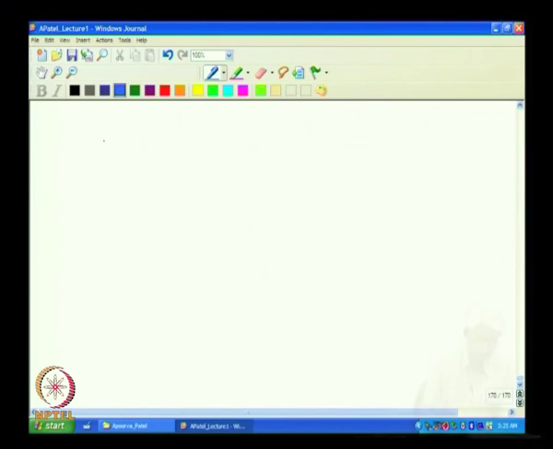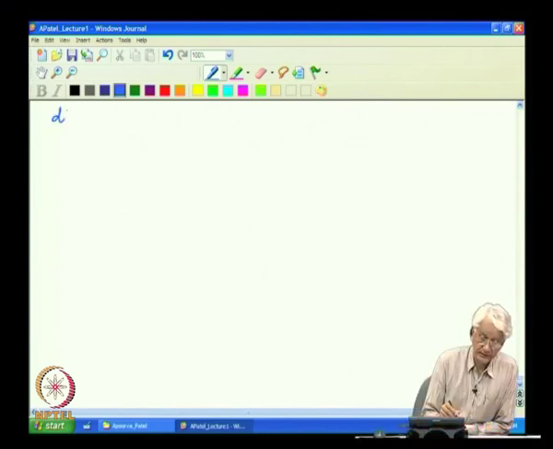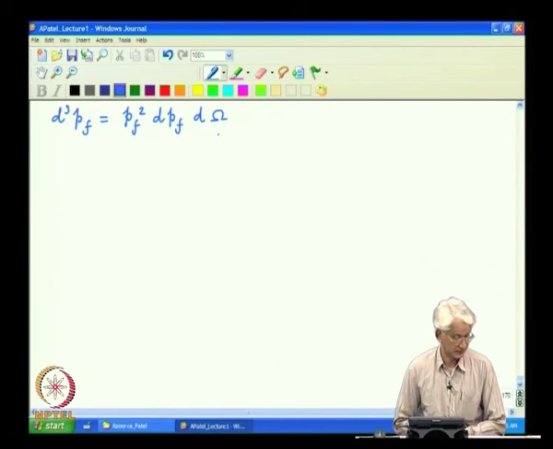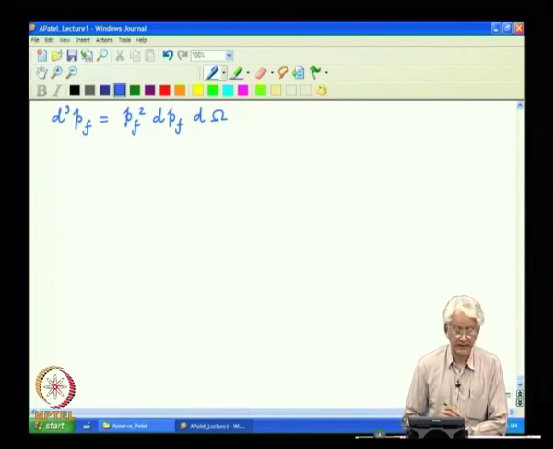So, this d cube p f is equal to p f square d p f times d omega, where d omega represents the differential element of the angle.